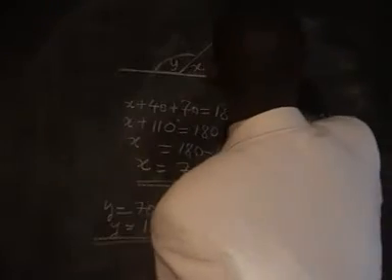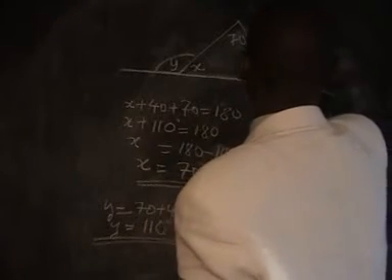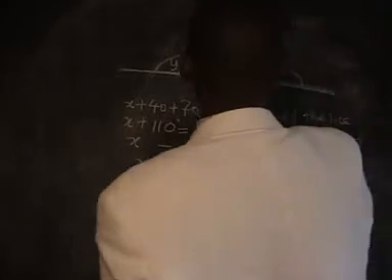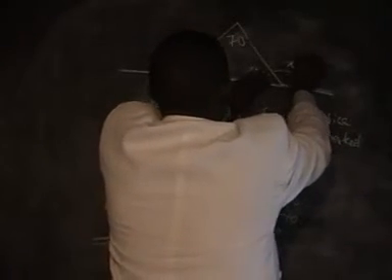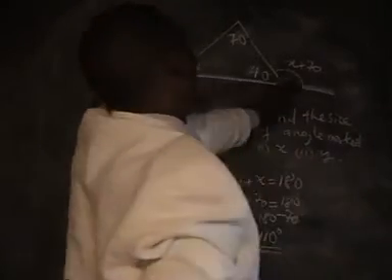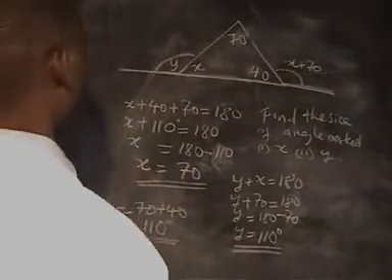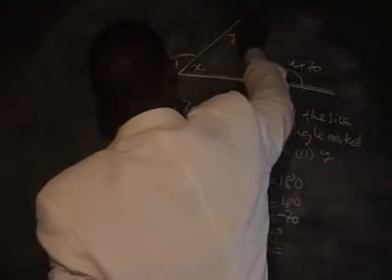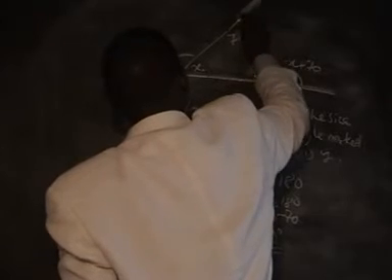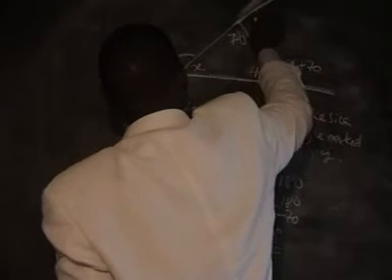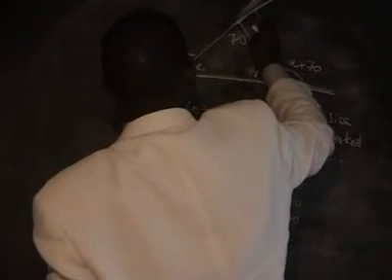The same applies if these 2 were to be extended. To get the exterior angle there, I cover this 40, then I add X plus 70, and I get that exterior angle. The same applies if this were to be extended to be a straight line, so that I can have an exterior angle there.